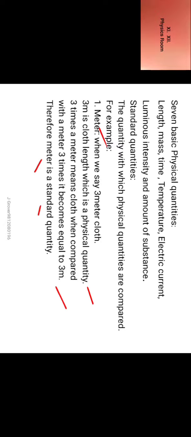Now, we come to examples. Example 2. 3 kg rice means 3 times a kg.